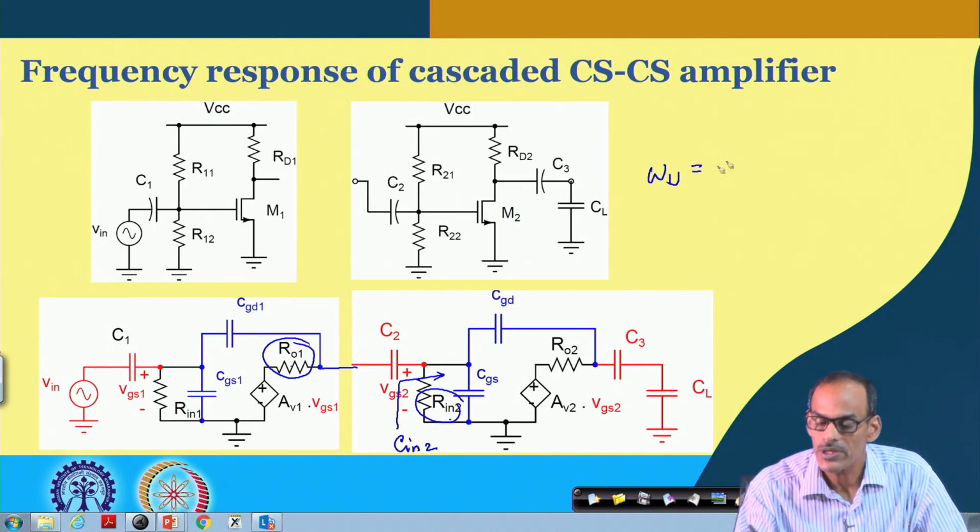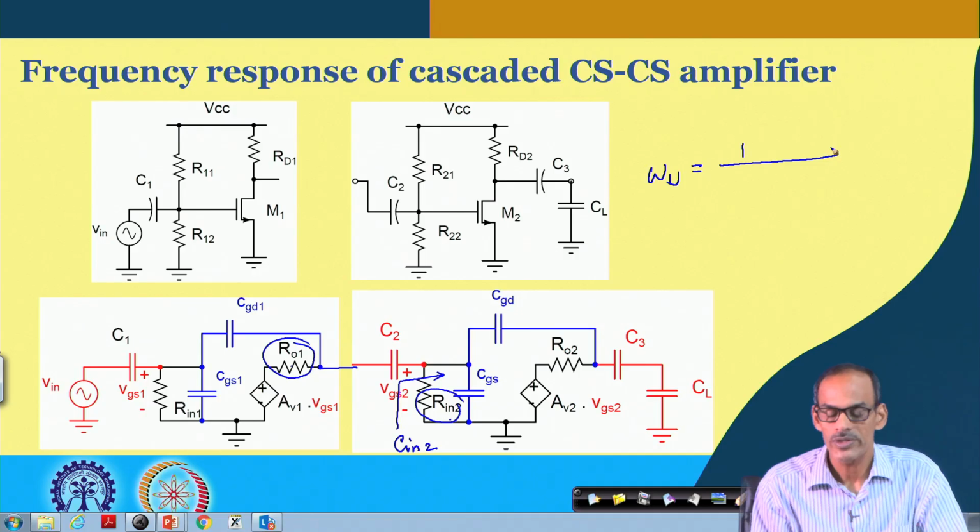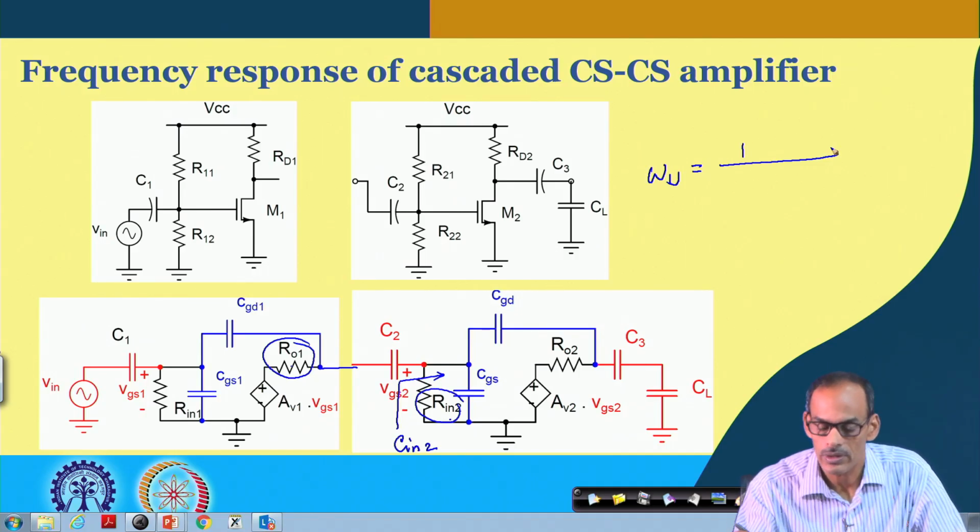So the expression of this new candidate is RO1 in parallel with Rin2 multiplied by whatever Cin2 we have.